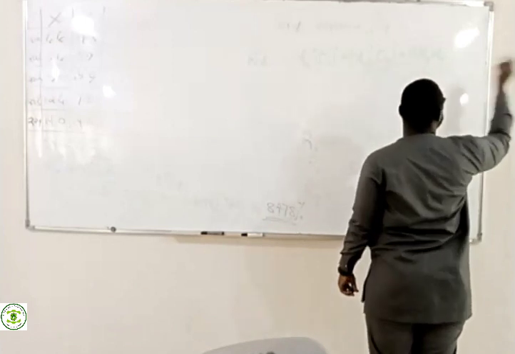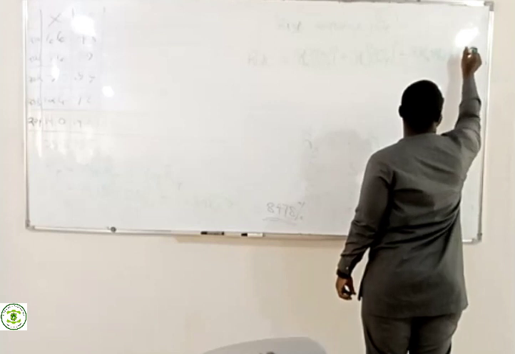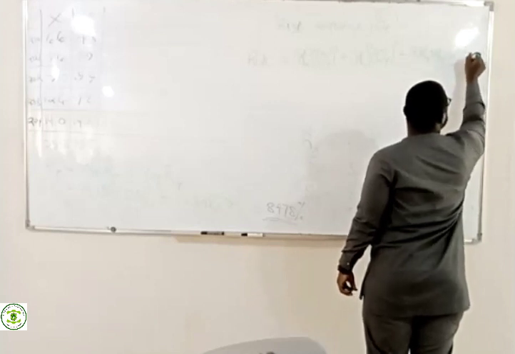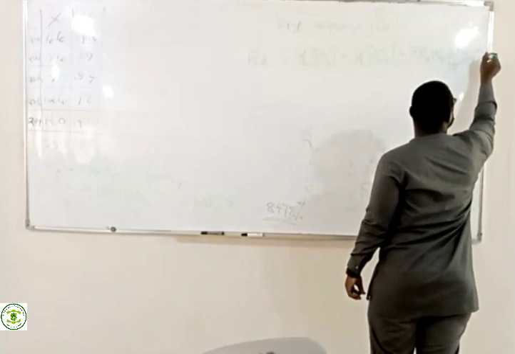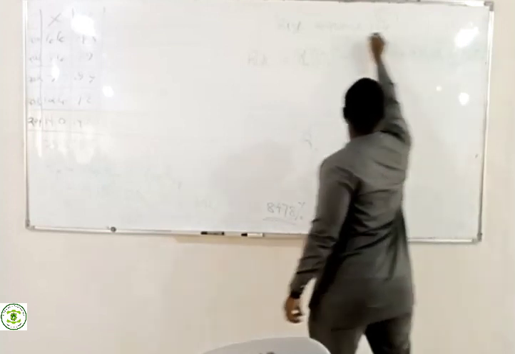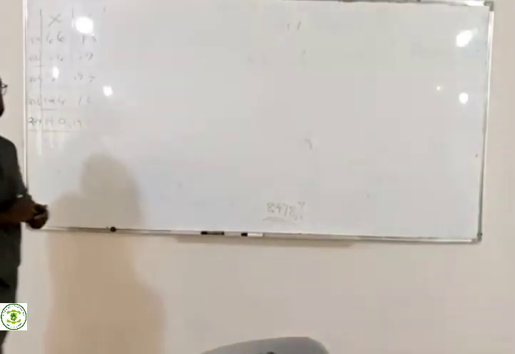Or if you don't want to go that route, it will be the correlation coefficient between X and Y, times the risk from X, risk from Y.